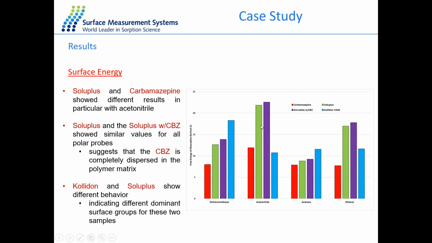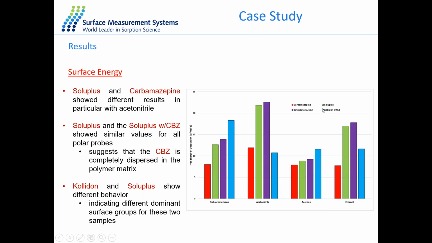These have quite different interactions with these probes. What's also interesting to see is our extrudate, which is in purple, and our Soluplus behave quite similarly and interact with these probes quite similarly compared to just our carbamazepine. So again, this suggests that the carbamazepine has dispersed completely into the polymer matrix.